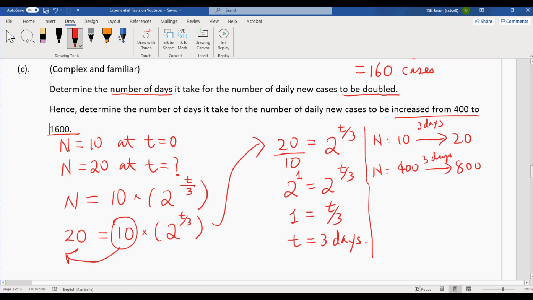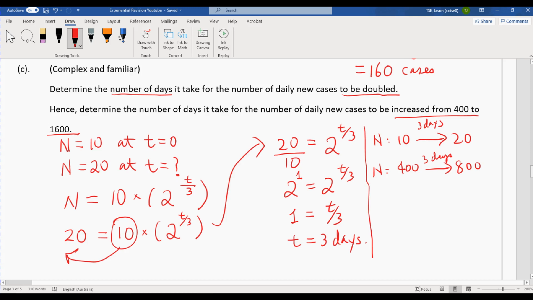It takes the same time for the same factor you multiply to the previous number of cases. If it takes 3 days to double from 10 to 20, then it would take the same time to double from 400 to 800.